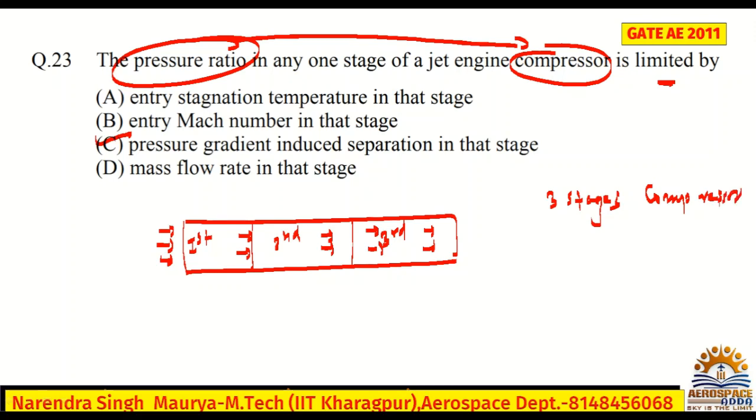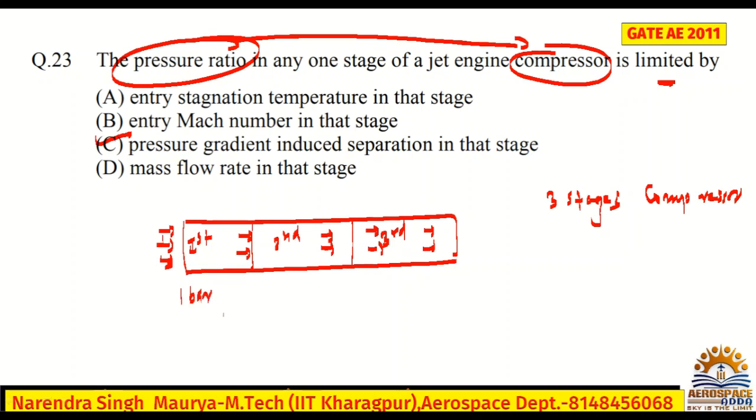I told you this is a turbo machine question, a compressor question basically, but it is related to jet engine, so I'm solving it in jet propulsion. Otherwise, all the compressor and turbine problems I will solve in the turbo machine lectures.